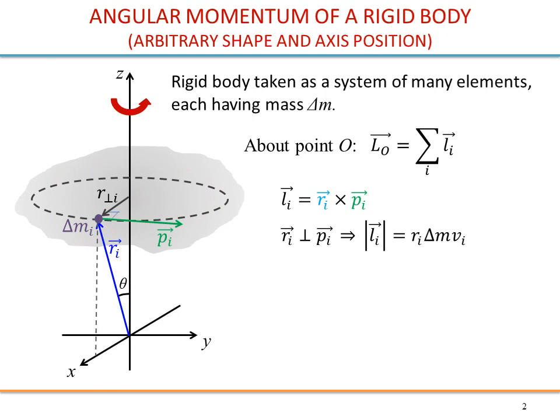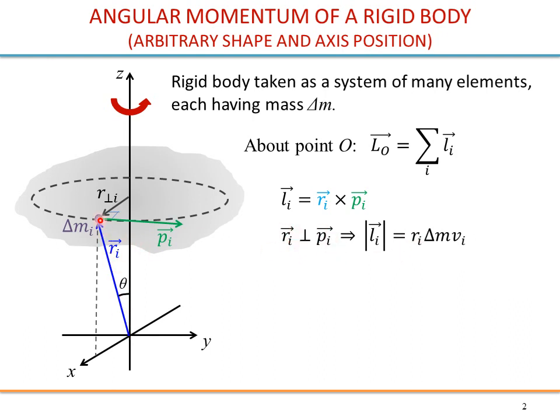Therefore Li is equal to Ri delta m vi. So m vi is Pi. Alright. So in fact here you have Ri perpendicular to Pi.